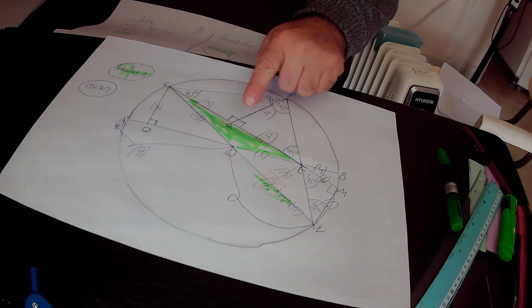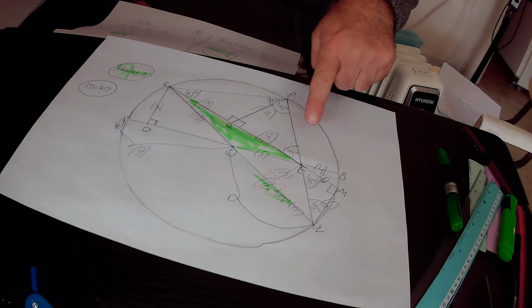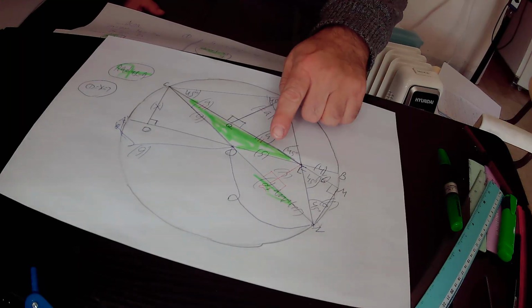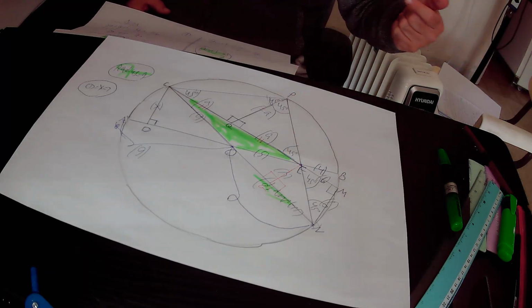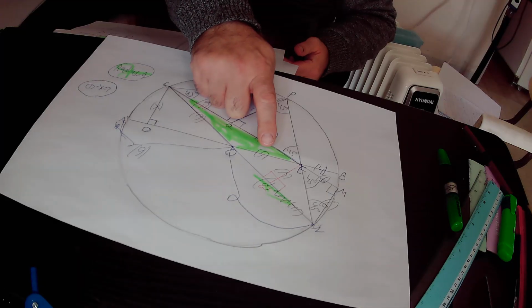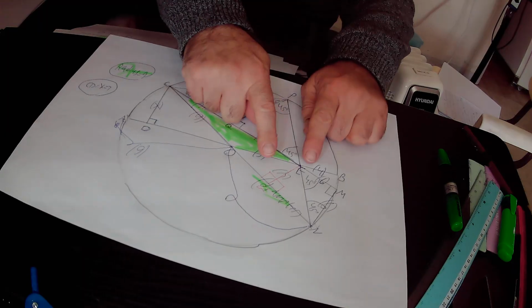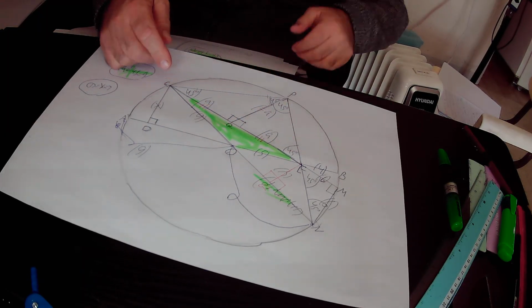The base is CO, the extended base is CN. So the height to the base must create 90 degrees with CN. From point E, we draw a perpendicular on CN. So this angle equals 90 degrees, and this angle also equals 90 degrees according to our construction. So EG is the height to the base because it creates 90 degrees with the extended base CN. We define EG as H.